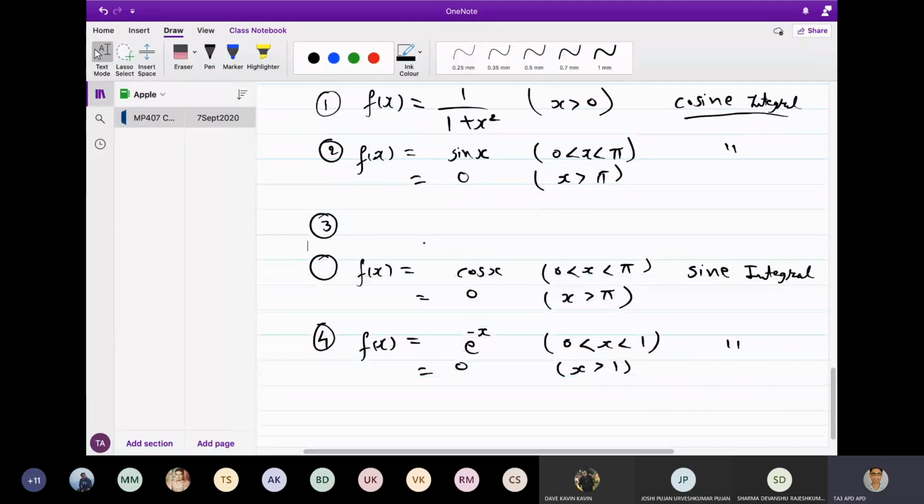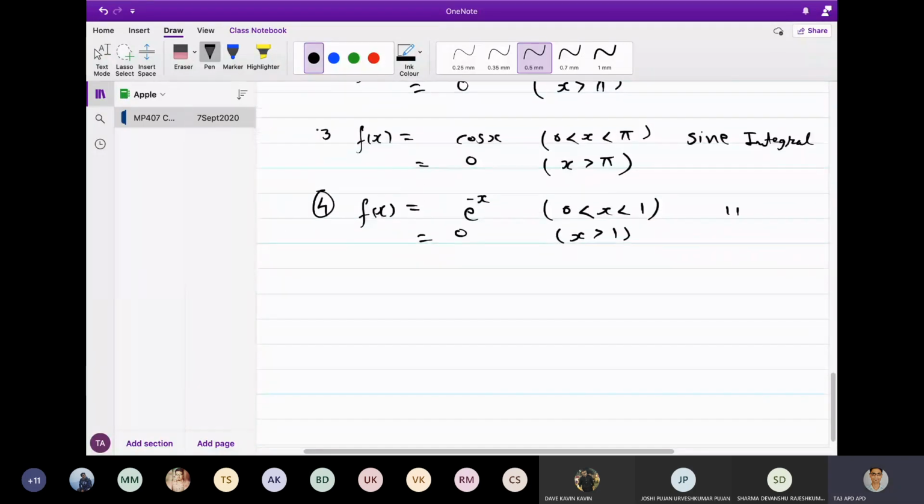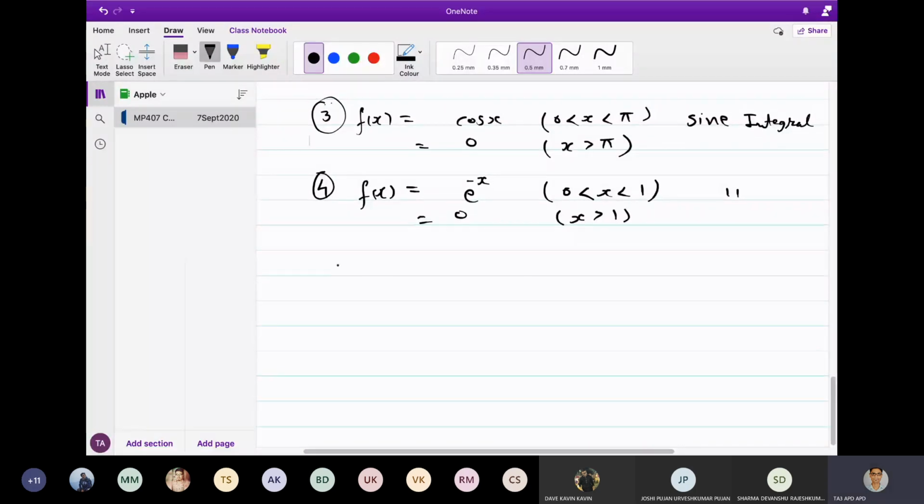ठीक है, let's move on. Now let us see how one can transform from the Fourier integral to the Fourier transform. ठीक है. The transform simply combines both, the integral being in the form of sine and cosine, and we are now going to introduce the exponent.